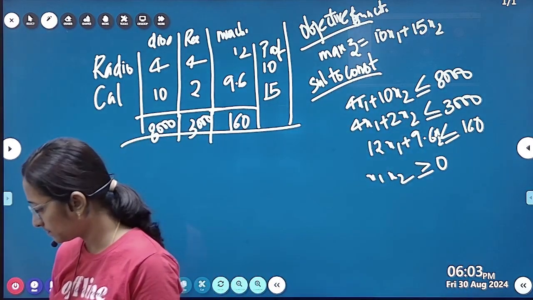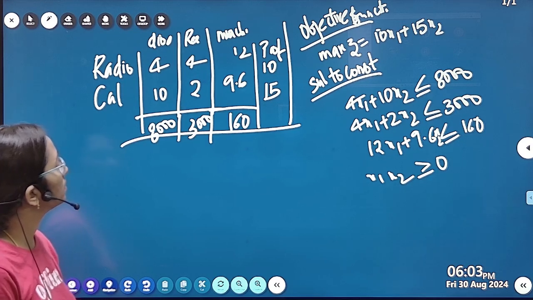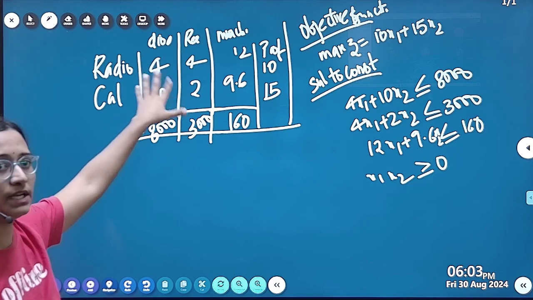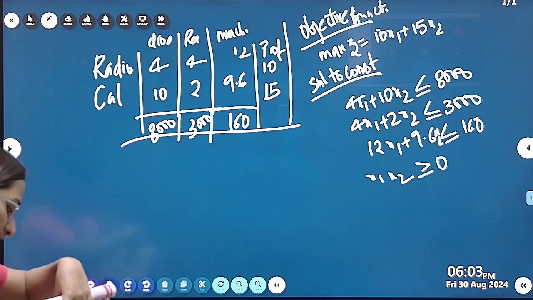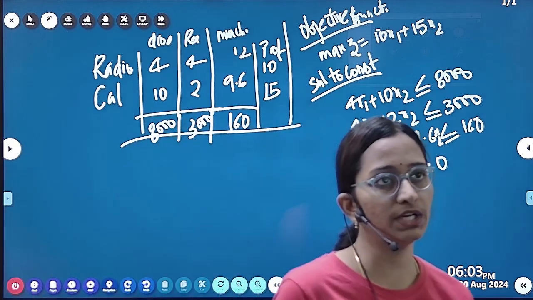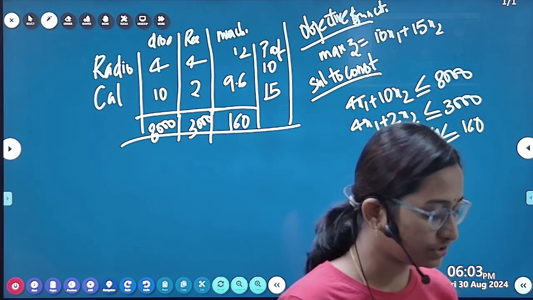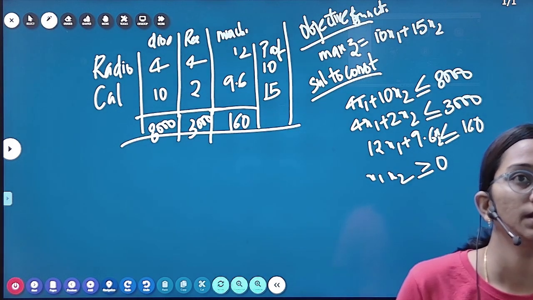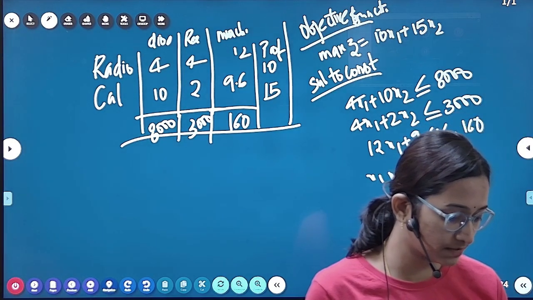Madam, did you assume 4 radio calculators? Where is the 4? The 4 that is coming in the question, did you assume it? Actually, they have not mentioned it in the question. When you read the question you will know.